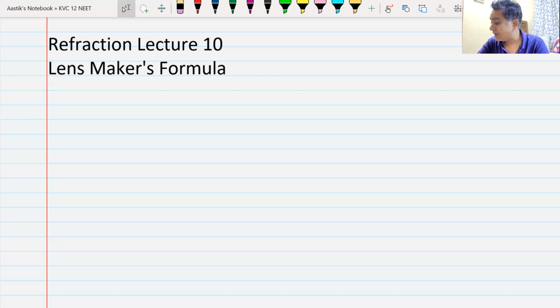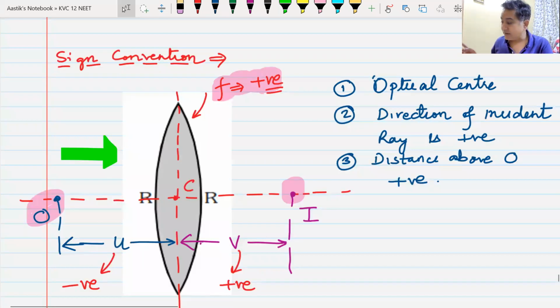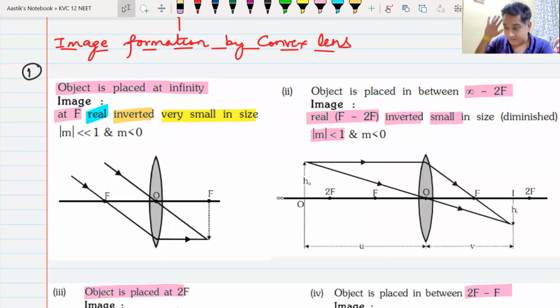Let us have a quick recap of what we had done in the previous class. In the previous class, we had seen the sign convention for lenses. This is not given in any book, so just note it down. I hope you understand it because we'll be using it. Sign convention for lenses had been done, and we were doing ray diagrams for convex lenses, and we had seen the 6 positions in which image is formed.